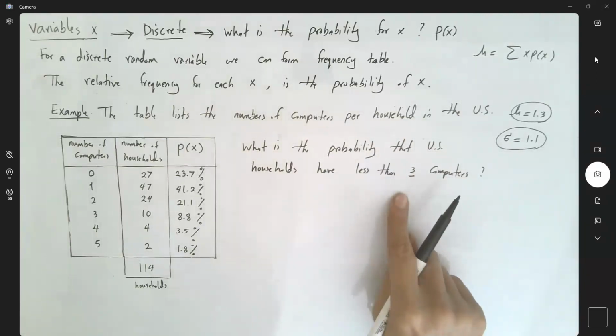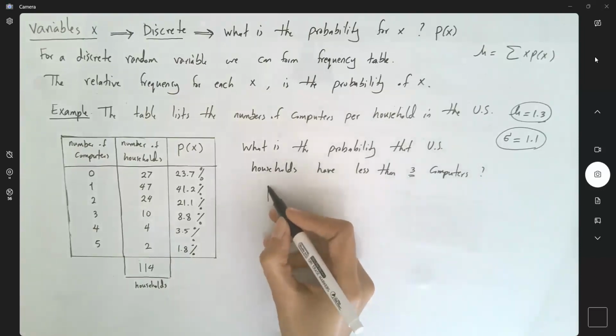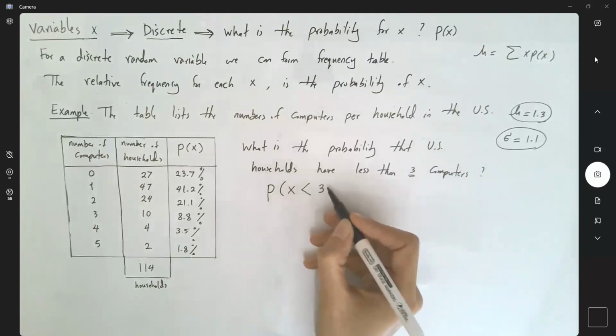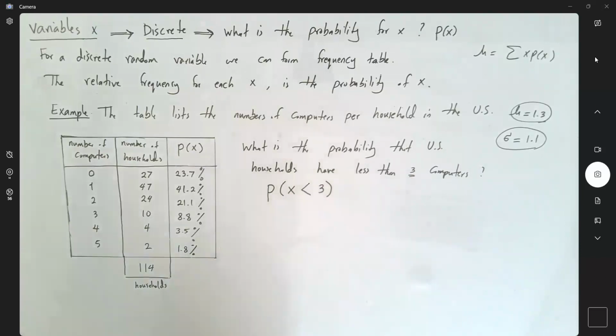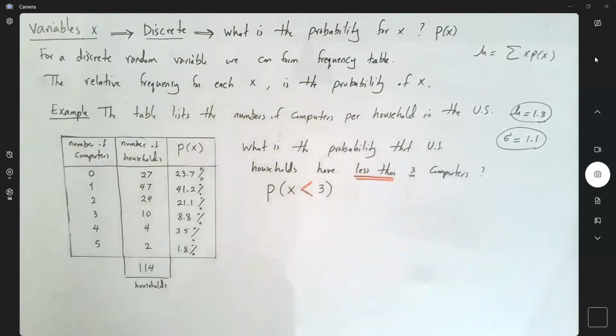So mathematically, when we talk about less than 3 computers, we are saying, what is the probability that x is less than 3, fewer than 3? The symbol that you're using for less than is this symbol. What are the numbers less than 3?